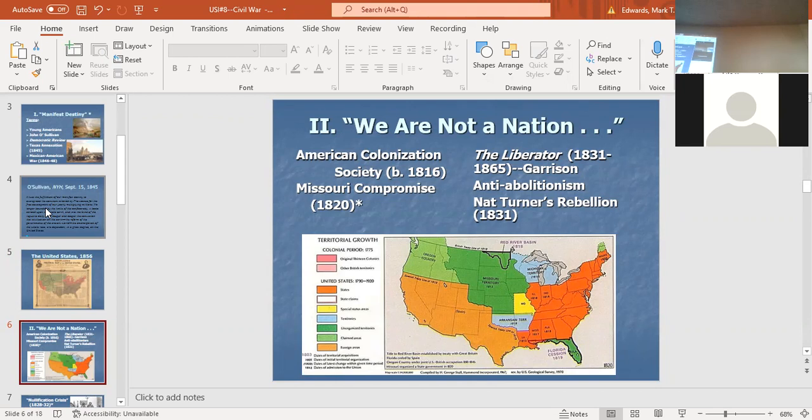This is the first time the balance in the Senate was broken against the North. There had been an imbalance before favoring the North, and Northerners were fine with that. This is the first time an imbalance threatened Northern control of the federal government. And Northern senators freaked out.